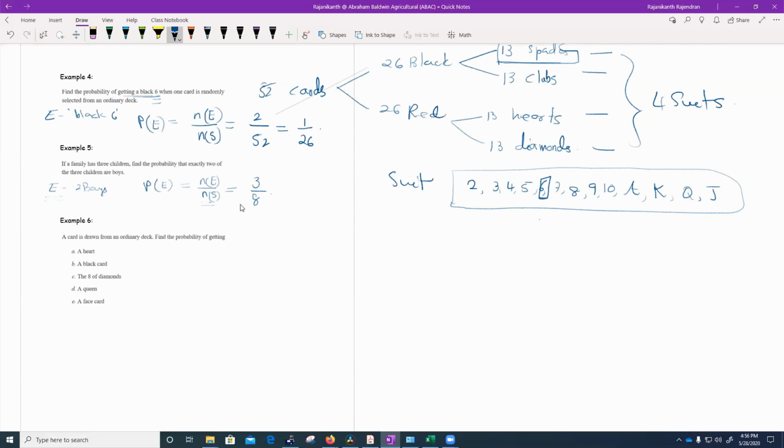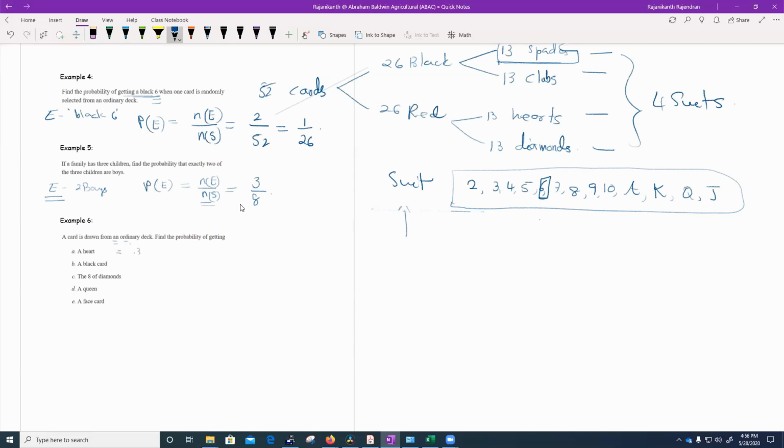A card is drawn from an ordinary deck. Find the probability of getting a heart. Remember, you are drawing a single card. I explained already here about the ordinary card pack. So getting a heart, remember there are 13 of them.